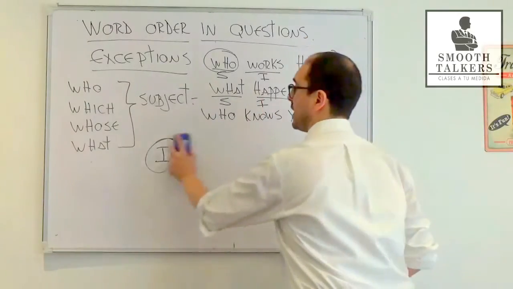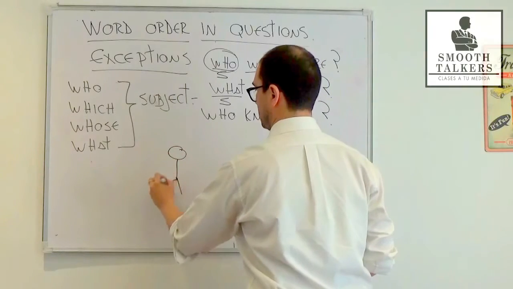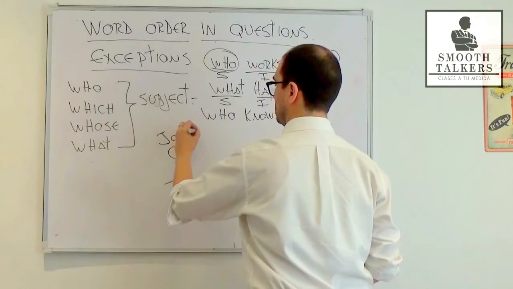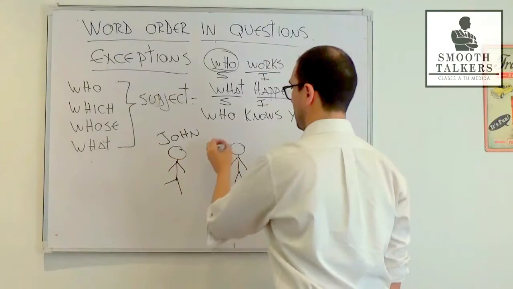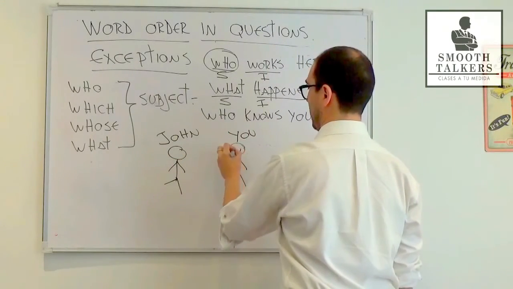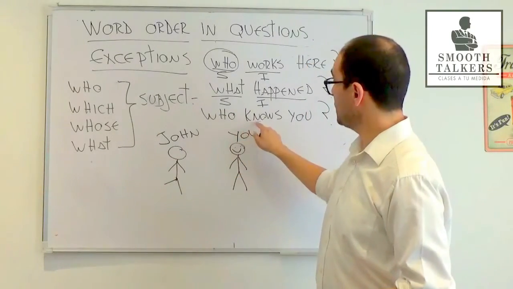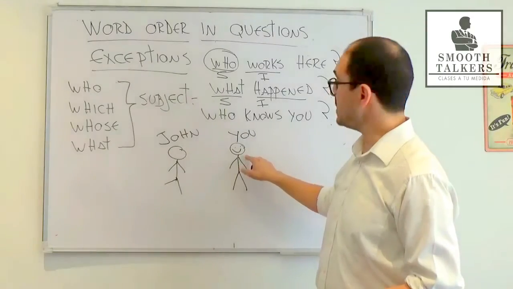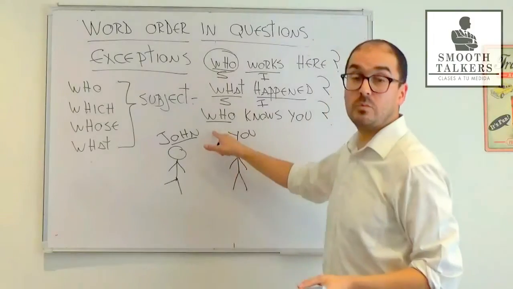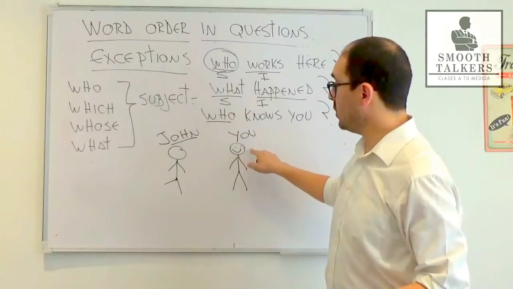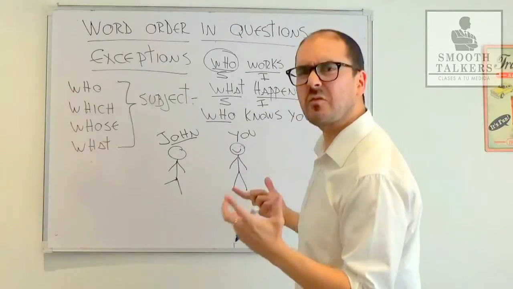And let's use a contrast here. Let's say, for example, that this is John. And this is you. Okay. John knows you. So in this case, John is the same as who. If you are the subject of the question, then the question is like this. Let's use our formula, shall we?